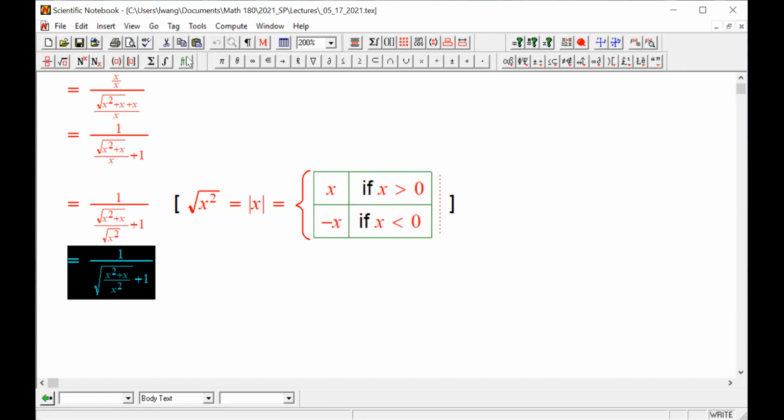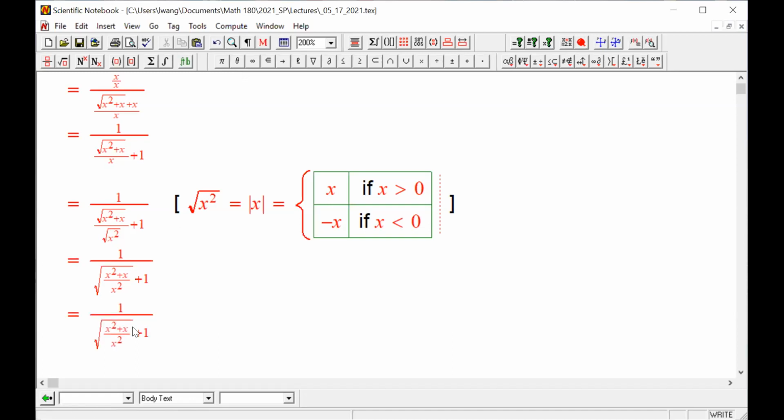Okay, so now what do we have? One last step. You take this x squared, divide it into each. So you're going to end up with what? 1 plus 1 over x. That's what you end up with. And then you can carry out your next step, taking the limit.